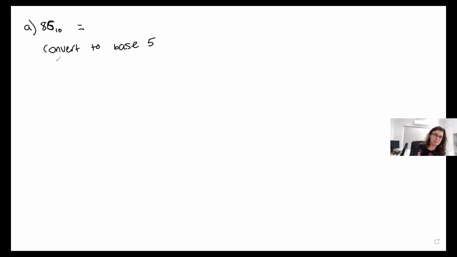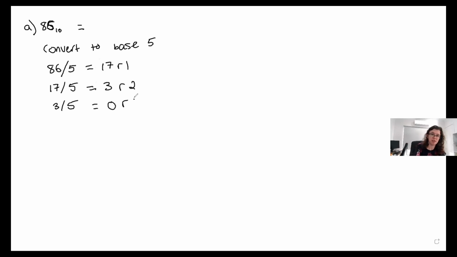Sorry, I read it wrong off my sheet. So we start by dividing that number by the base, which in this case is going to be 5. And that's going to give us 17 remainder 1. And then we have 17 divided by 5 to give us 3 remainder 2. Then we have 3 divided by 5 to give us 0 remainder 3. And we have 0 in this place, so that's where we end. And again, we read bottom to top to give us 3, 2, 1 with a base of 5. So again, we just read off the remainders to generate our number.